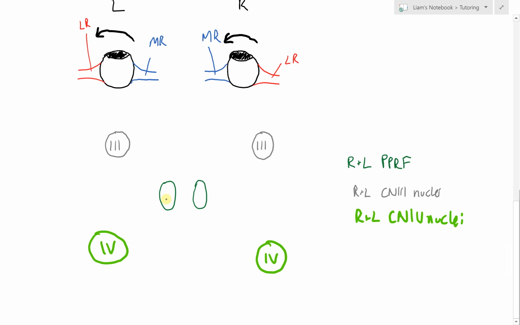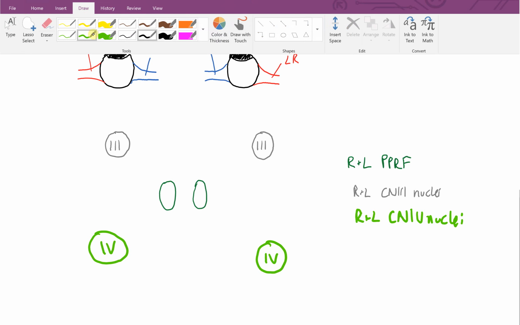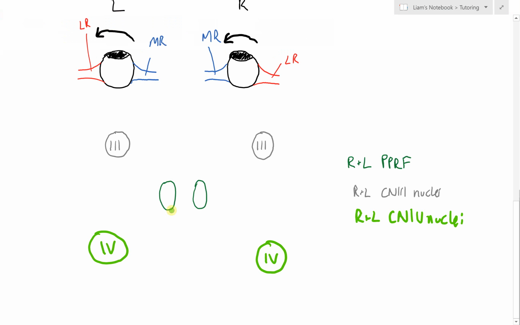So the left PPRF, what it's going to do, I'll try and color code this. Green means activate. So the left PPRF is going to activate our left cranial nerve 4 nuclei, and that's going to control our lateral rectus.